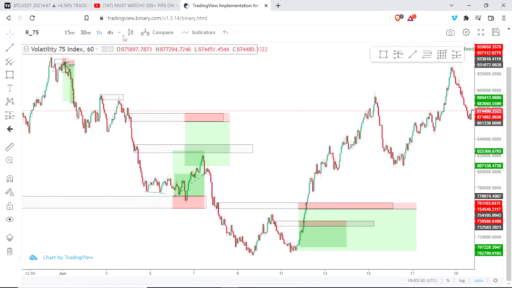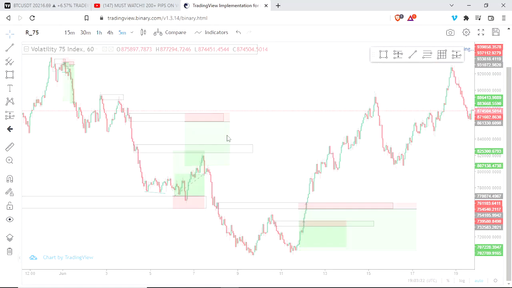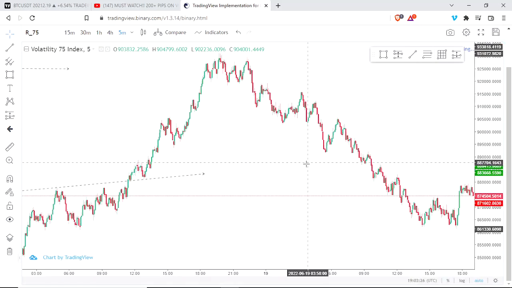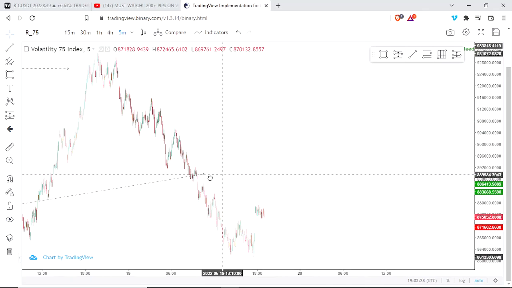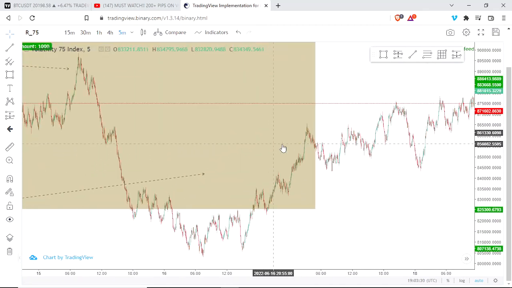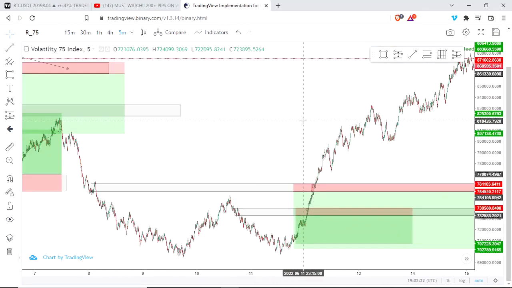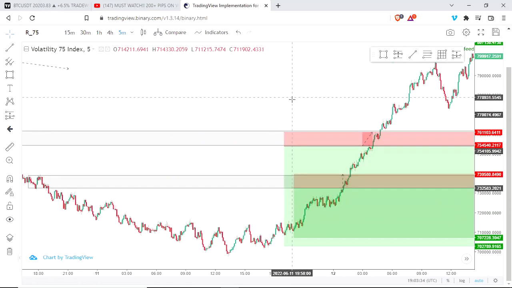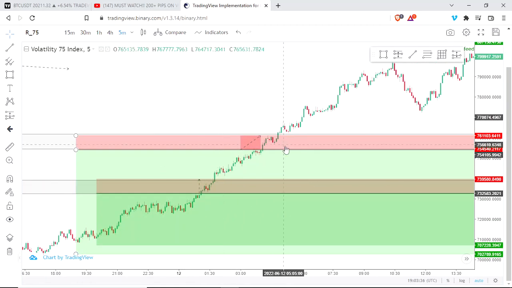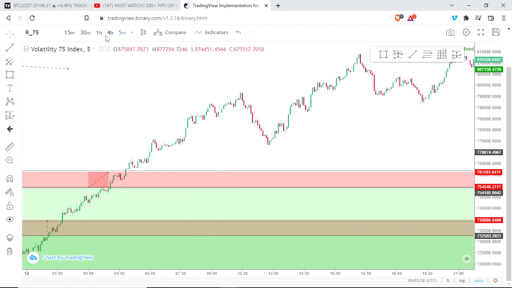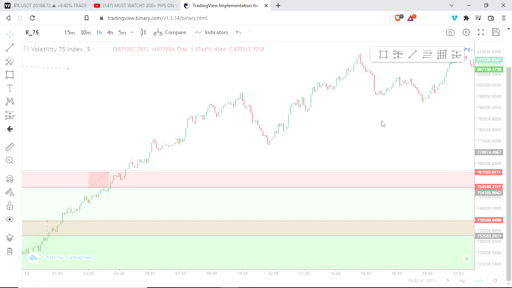So let's jump down to the 5 minutes to verify that. Definitely, you won't get the 5 minutes break of structure on that zone. As you can see, there was no break of structure, so I wouldn't see why you should enter a trade like that.